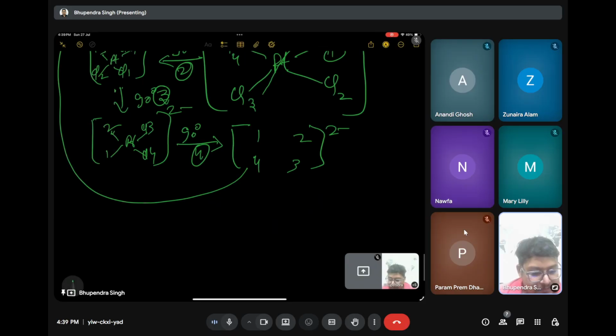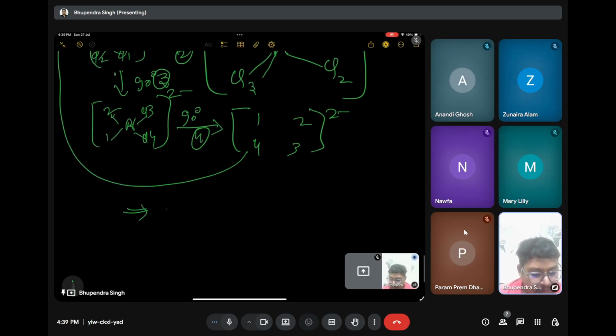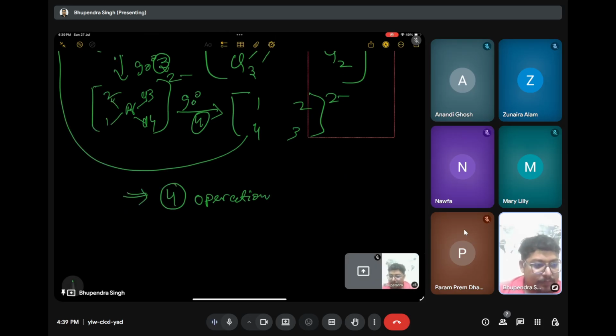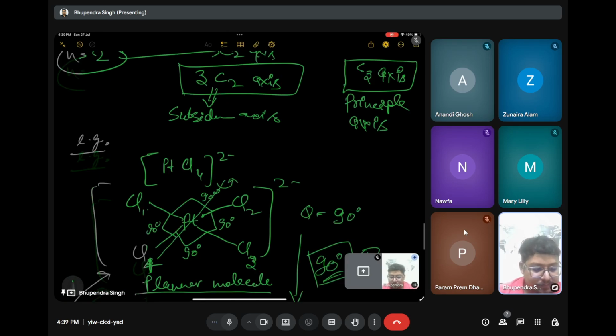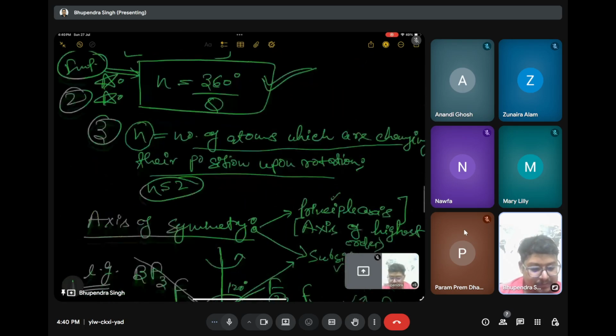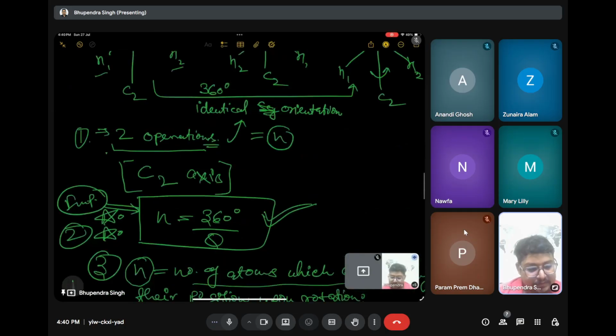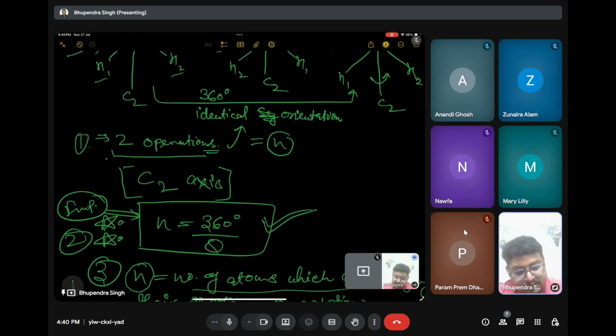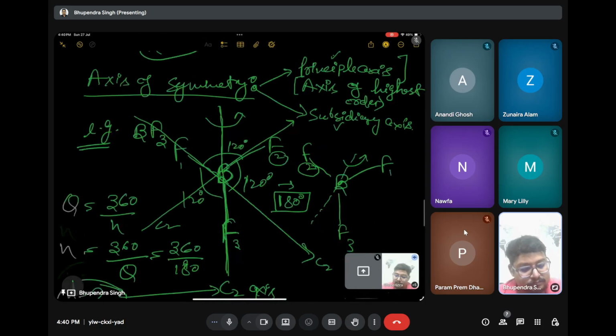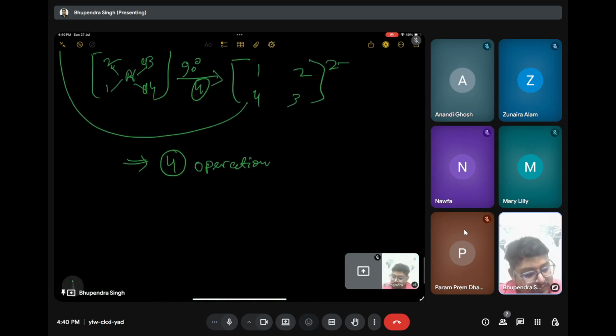So in total, 4 operations are required. This will give you the n. So what will be the axis of symmetry? It will be C4.